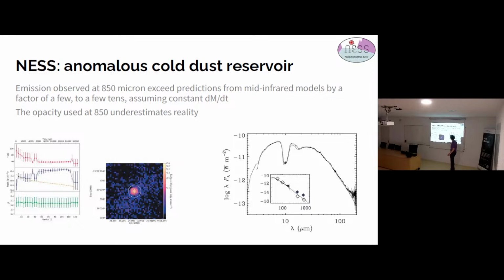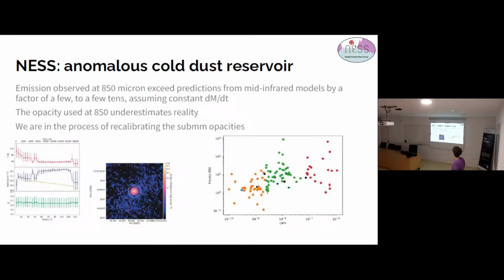And in this diagram, we also see that. Here is the dust mass for a single object. We see that the dust masses are also higher in the radial profile compared to the predictions. If you look at the entire sample, or the part of the sample that we had when we put out the overview paper last year, you see that the excess at 850, where this line is 1, is seen in virtually the entire sample.